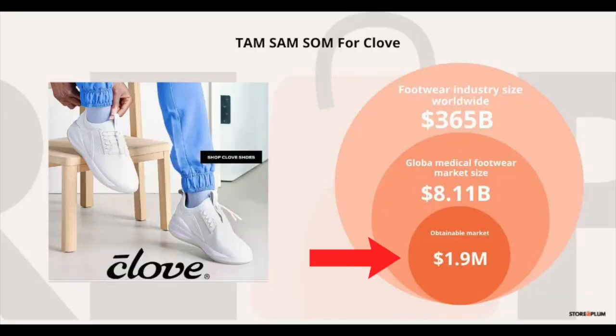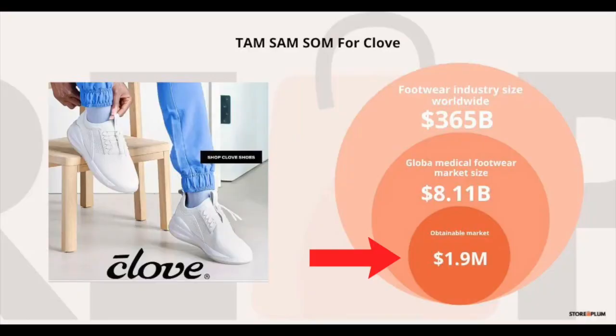Lastly is the SOM. Of that market that they are focused on, what do they think they can actually obtain? The serviceable obtainable market. In this particular case, as a percentage, it's quite small. And I'm going to guess they've narrowed it down to a geography. Perhaps they only sell in certain countries. And they're also probably guessing that they're only going to capture a certain percentage of the market. I generally recommend that you go no higher than 1 to 5% market share.